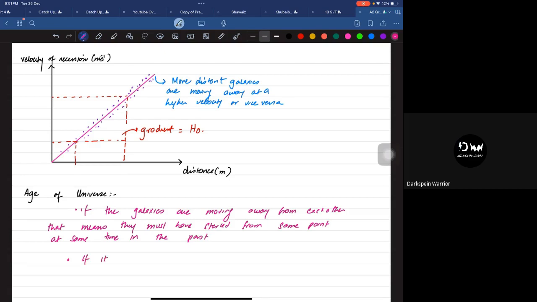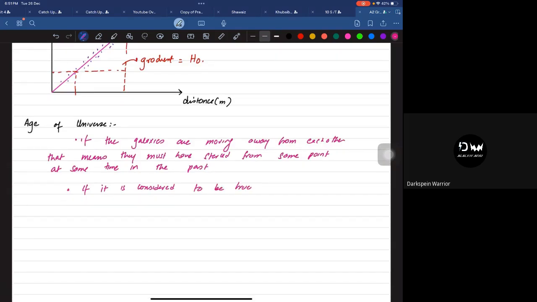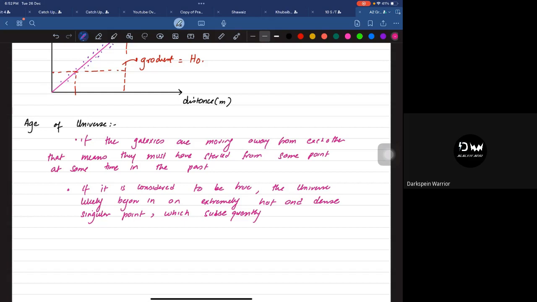This also means, if it is considered to be true, the universe likely began in an extremely hot and dense singular point, which subsequently began to expand very quickly.